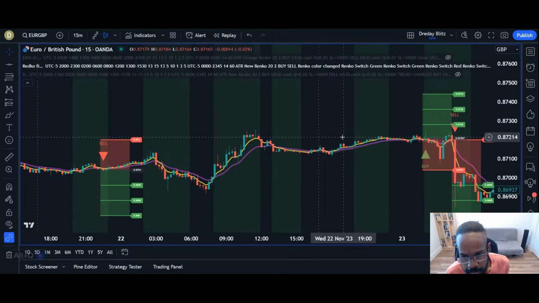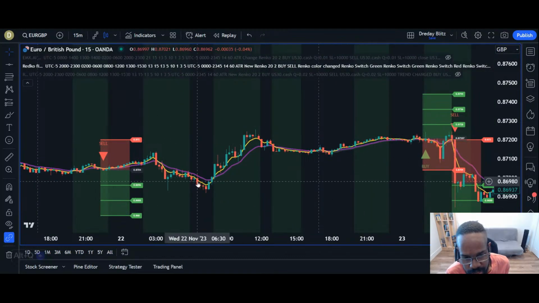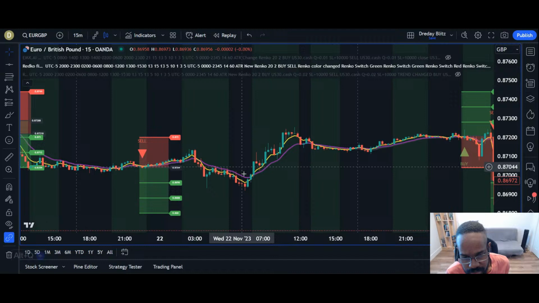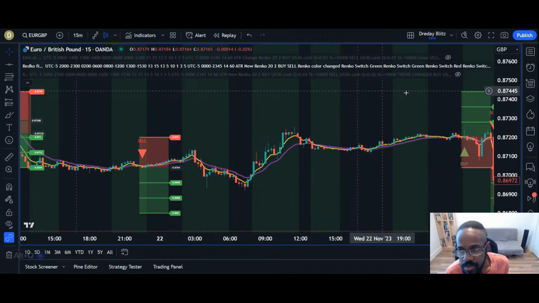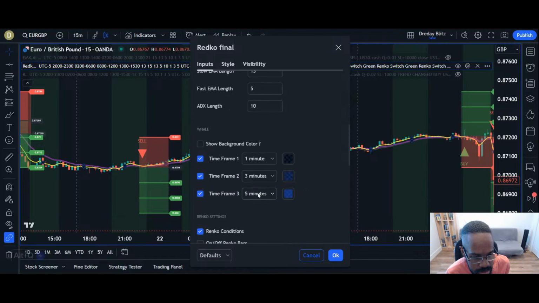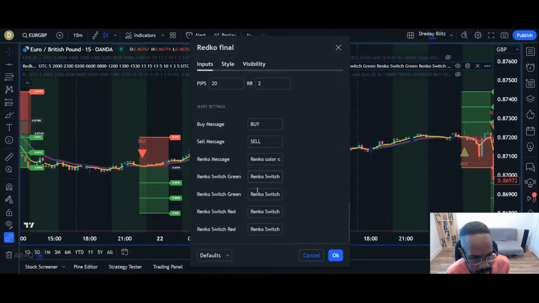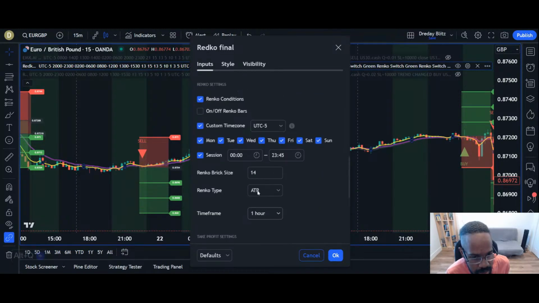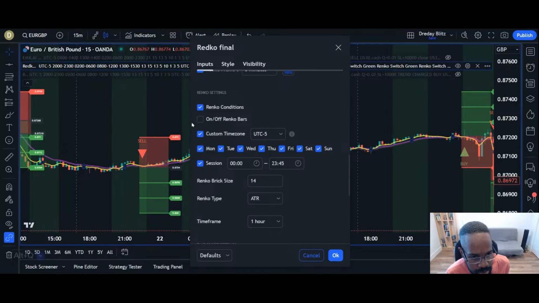Now, between here and here, you had a notification that was sent out for a switch of the market. But if we open back the Renko bars, you're going to know exactly when you receive the message. So let's open it up.